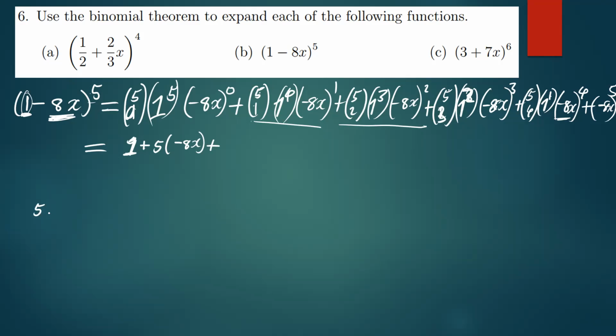So 5 choose 2 can also be written as 2 times 1. Remember the short form I taught you to solve choose, meaning combinations.